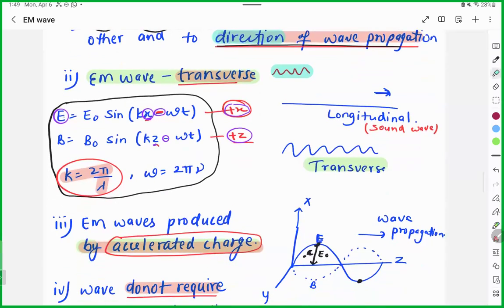See here. If you are calculating the electric field, 2025 NEET question, then x will tell you where it is propagating, and the minus sign in this case is telling you this is plus x. Same minus sign here, it is telling you plus, and z is telling you the direction. If you are taking this z, it means it is propagating in the z-axis. A negative sign means positive direction, a positive sign means negative direction.